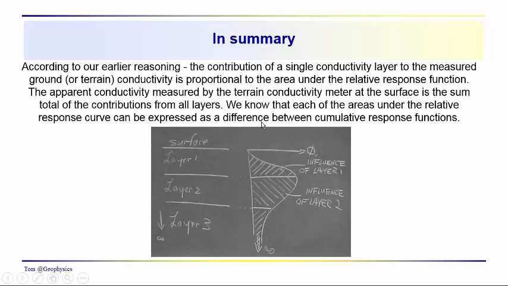We know that the apparent conductivity that we measure at the surface here is just the sum of the total of the contributions from all layers, and that those individual contributions correspond to the conductivity of a given layer times the area under this relative response function, which turns out to be a difference in the cumulative response functions.